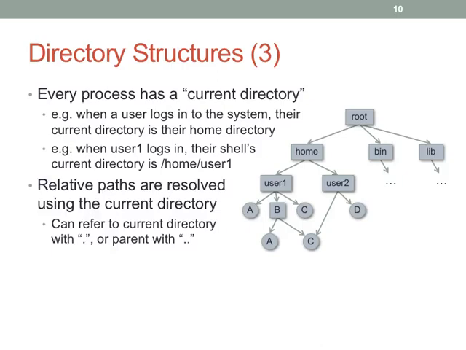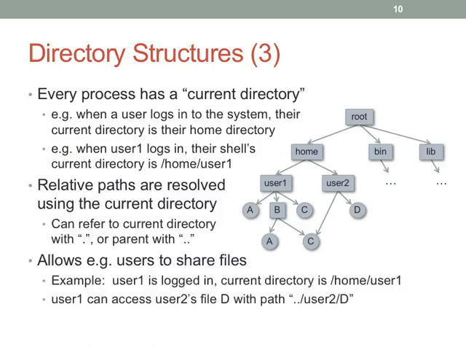So you can either say dot to mean the current directory or dot dot to take a step back from the current directory. And so if you were logged in as user 1, then you could access a file that user 2 has by specifying ../user2/d. And this is just one example.